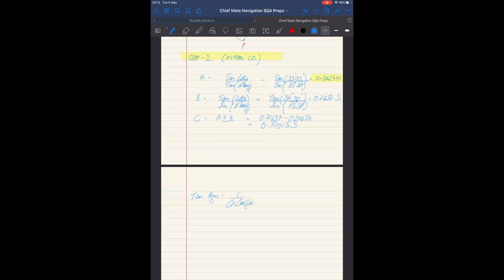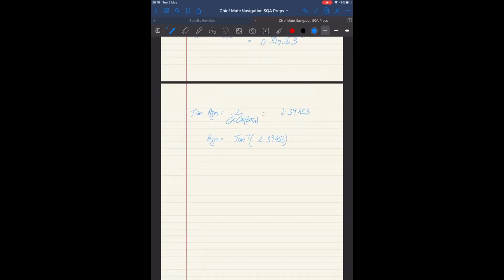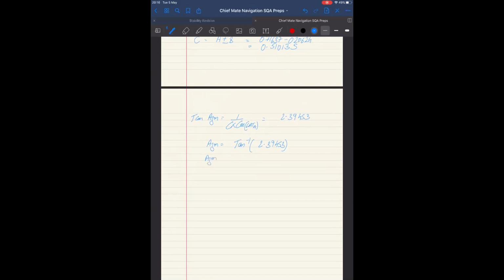So in this case, it was latitude A. So this will give me the answer of C multiplied by cos of 35 degrees 3 minutes, 1 divided by the answer, 2.39453, and the value of azimuth will be calculated by tan inverse of 2.39453.